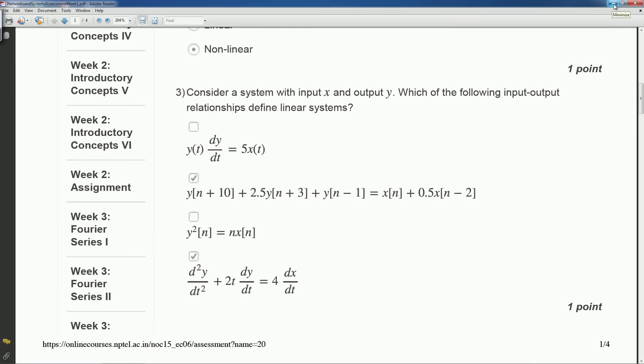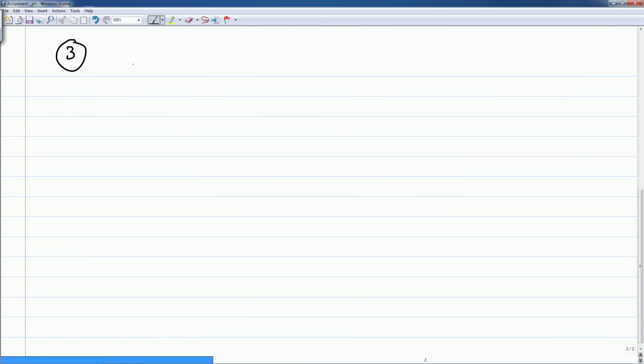To illustrate that, let me take the first choice here and show you what would happen. So, question number 3, the first choice says y of t times dy of t by dt equals, let me just look it up, 5 times x of t. This is the input output relationship.